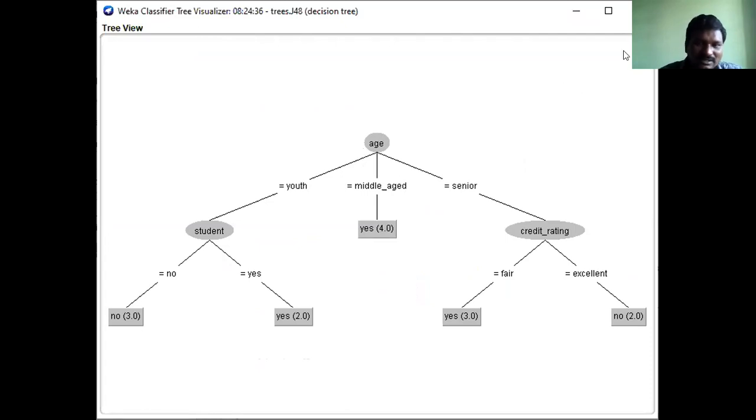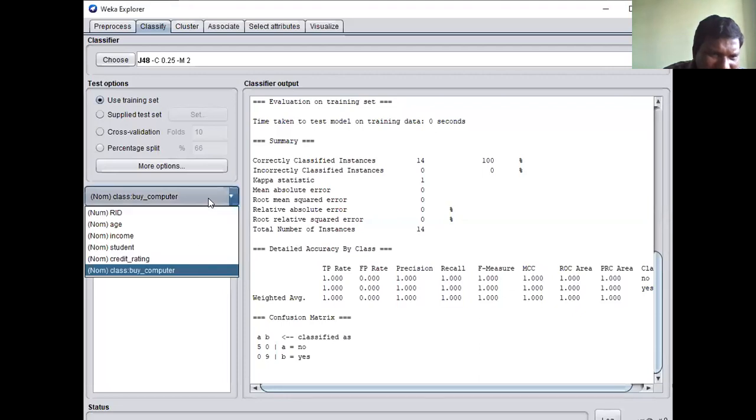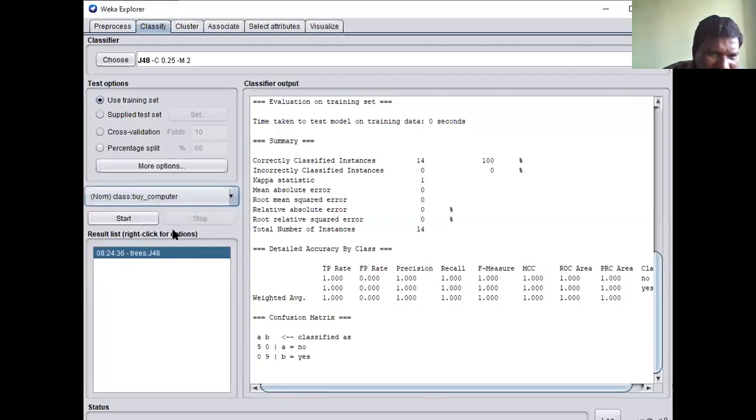For example, I am giving buying the computer, yes. Buying the computer, no. Here this is a class label.